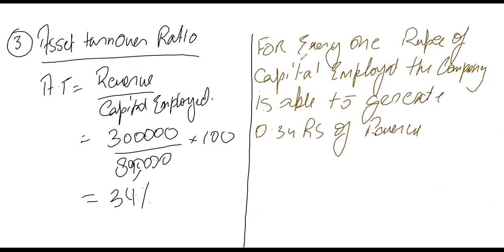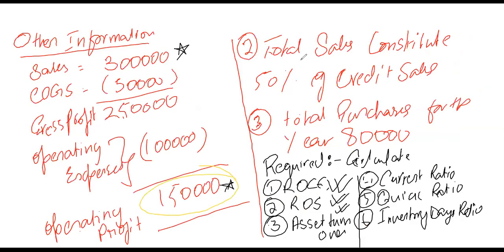Asset turnover ratio stated that for every 1 rupee of capital employed that you have invested in the company, in the form of either ordinary shareholders' equity or non-current liabilities, the company is able to generate 34 paisa of revenue. So we have calculated 3 different ratios.